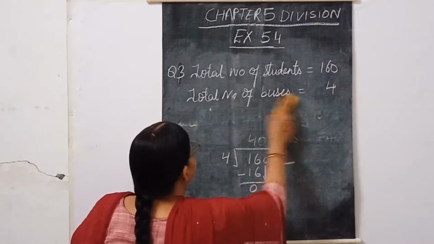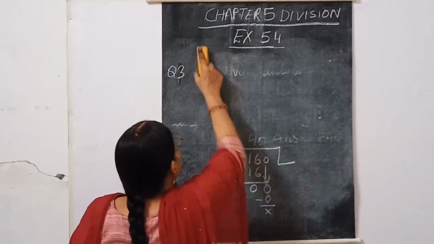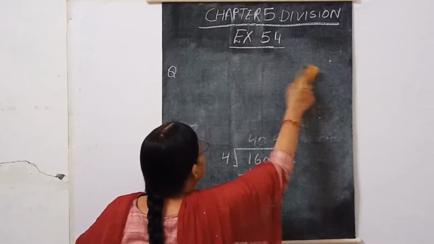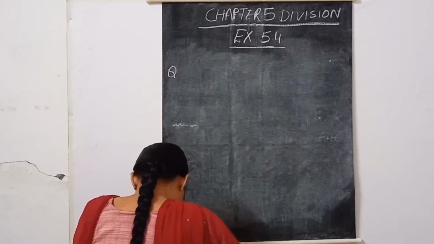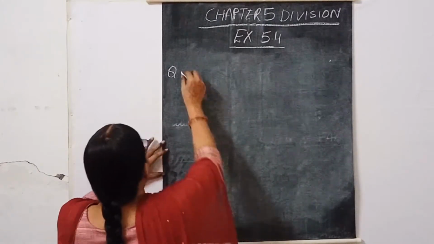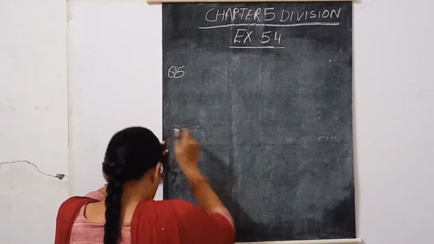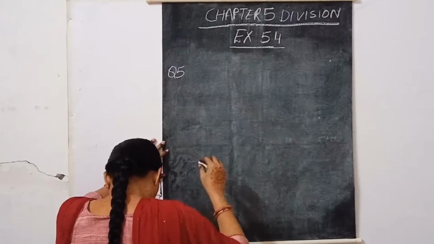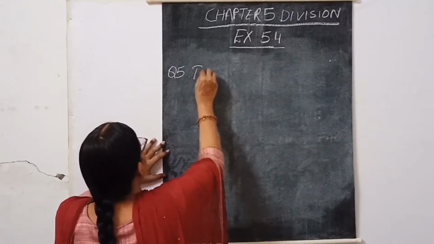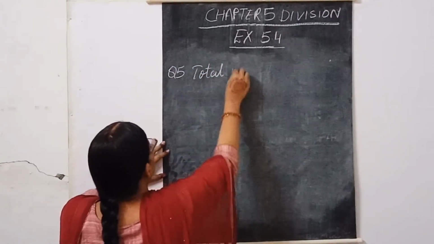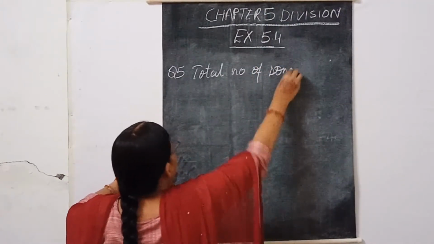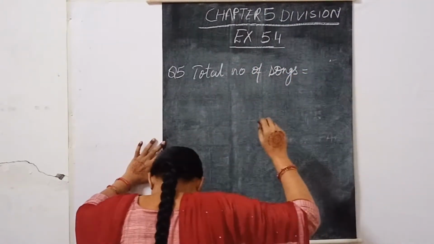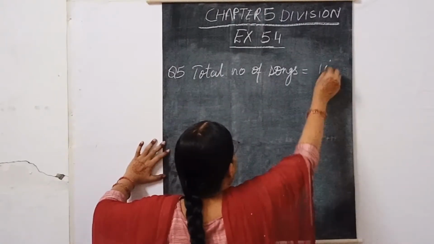So see here. Question number 4. No, question number 5. Now see here. Total number of songs, 189.